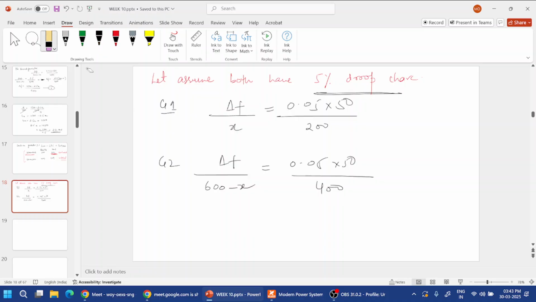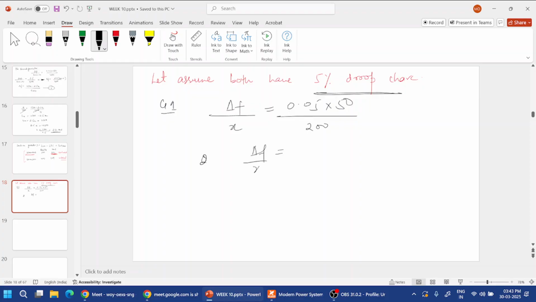So let me solve it first for this one. It will come out to be 2 del f upon x is equal to 2.5 upon 200. For generator 2, del f upon 600 minus x is 2.5 divided by 400.